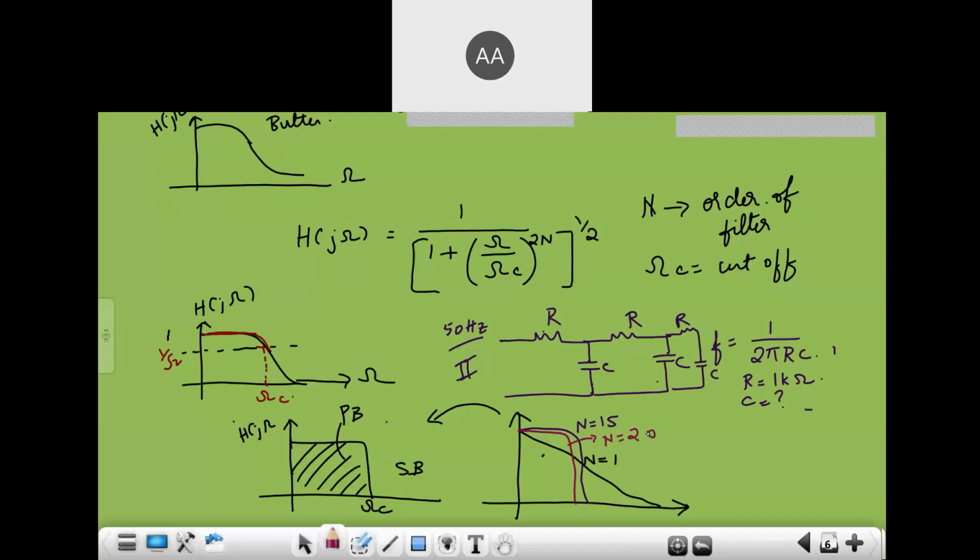My filter will be much nearer to the ideal characteristics; if you see this, it will match your ideal characteristics. So that is what you mean by increasing the order of the filter. As the order of the filter increases, your filter approaches near ideal characteristics. Whether it is a low pass filter or high pass filter, whatever it is, for our reference we will continuously take the low pass filter and explain.